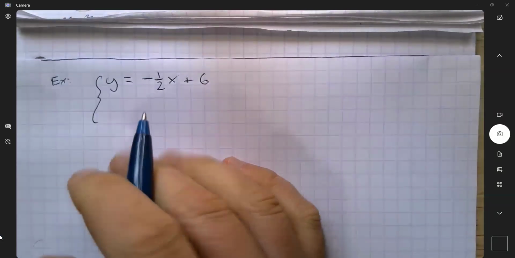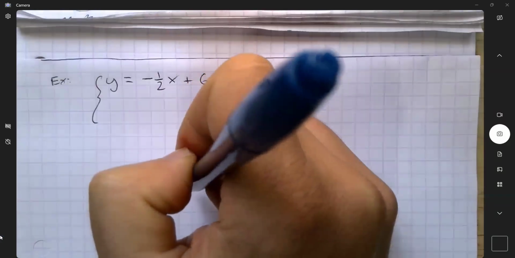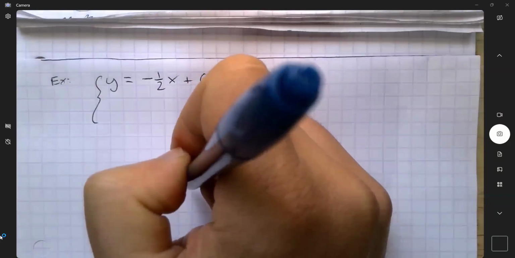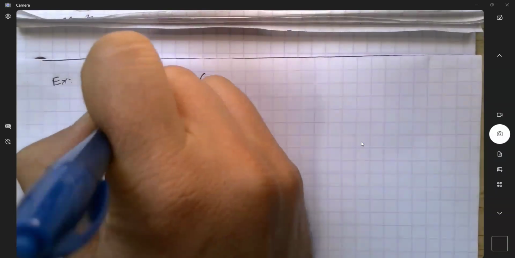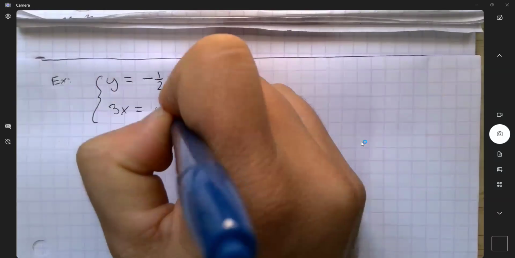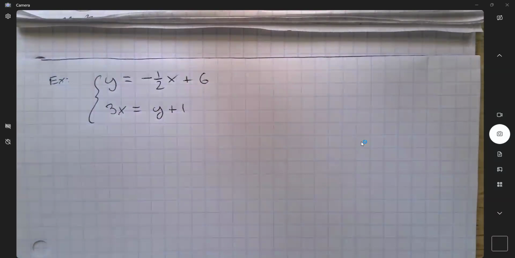And the other one could be something like 3x equals y plus 1. The variables can be anywhere. They don't all have to be in the same place.